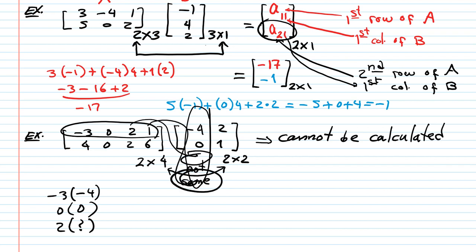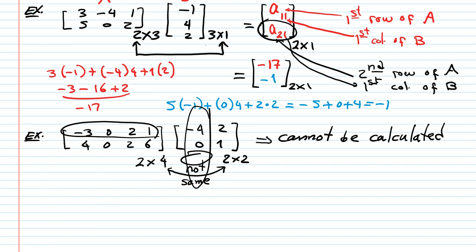Doesn't have one to multiply by down there. 1 by what? They don't exist. So multiplication is undefined. Alrighty, and so that was easy. Let me just clean this up a little bit so it looks better, and get rid of that. And I said these numbers are not the same.